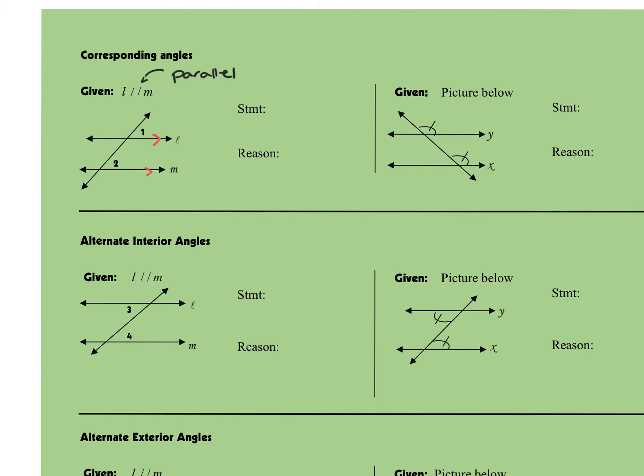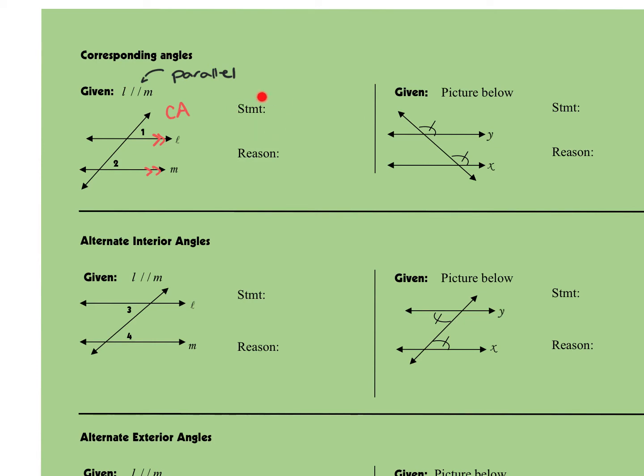We could put single arrows on them, or double arrows. If these lines are parallel, we can look at the angle pair that's been marked here for us. We should be able to easily recognize that 1 and 2 are corresponding angles here. And if our lines are parallel, then these corresponding angles are actually congruent to each other.